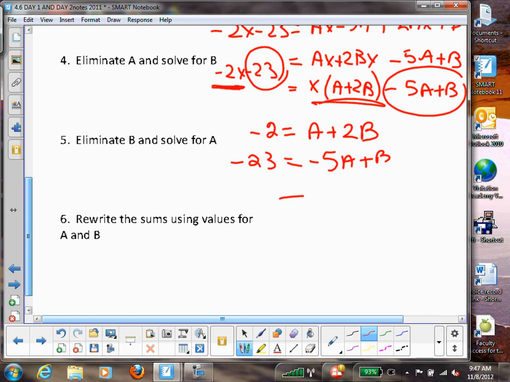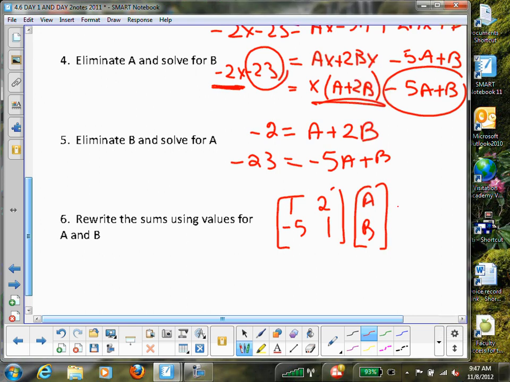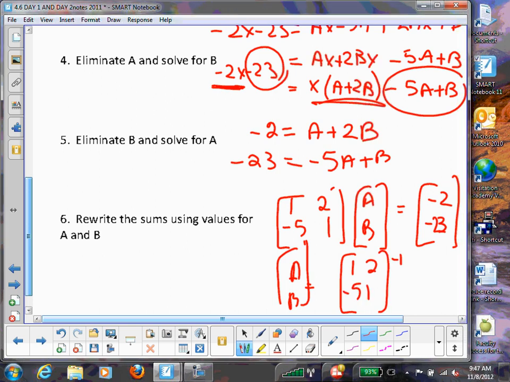That means my matrix is going to be 1, 2, negative 5, 1. This is my A and my B, and that's going to equal negative 2, negative 23. Got to do the inverse.